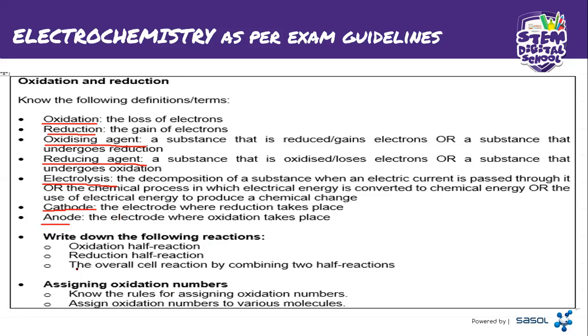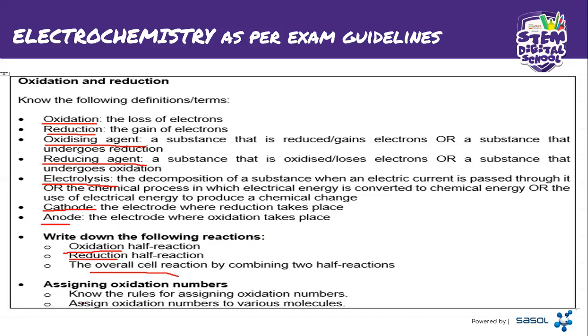We are also required to be able to write down oxidation half reactions, reduction half reactions, and the overall cell reaction altogether. And this applies to both galvanic cells as well as electrolytic cells. And we have discussed the latter quite extensively.